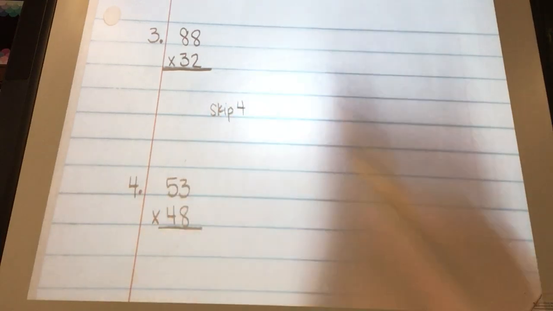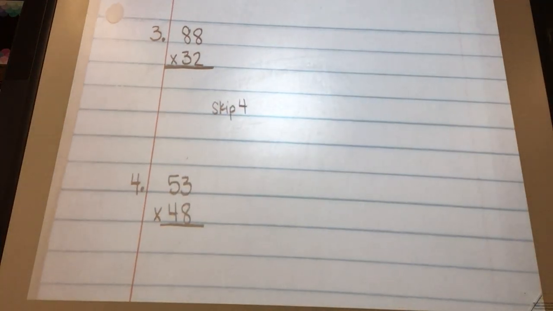It says 53 times 48. 1, 2, 3, 4. So skip 4 lines. You don't have to write that. And guys, I'm getting these problems off your assignment. 18 times 77.